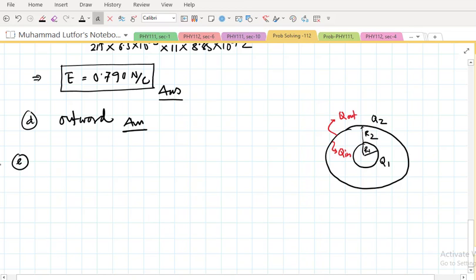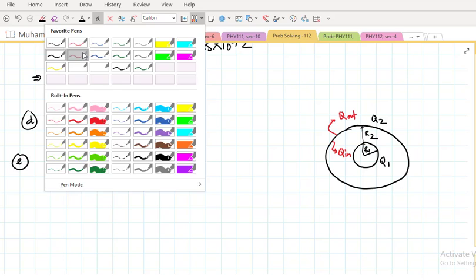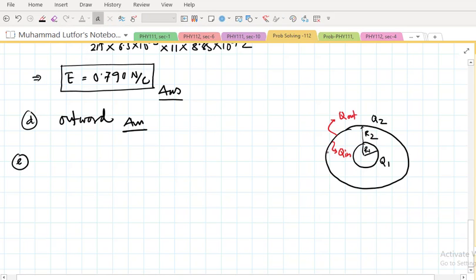Then I can write, say, for the case when I choose this Gaussian surface at the inner surface of that shell, right, then there will be no charge over here. We know that for a conducting shell, all the charge will be basically outside.